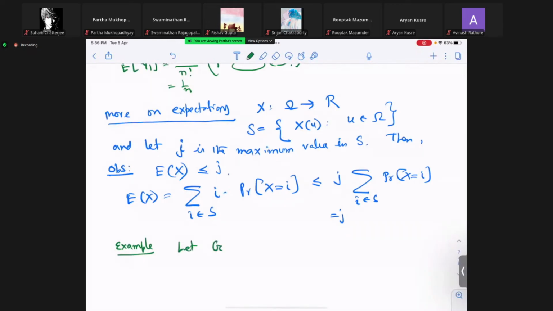Let G be a simple graph on n vertices having m edges.